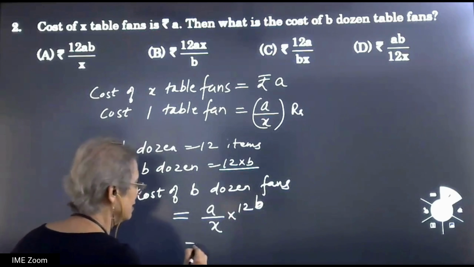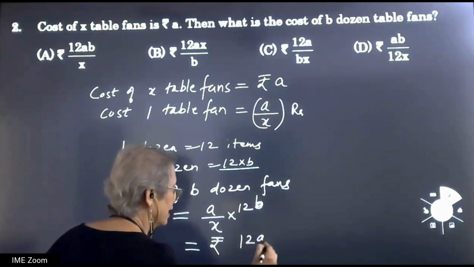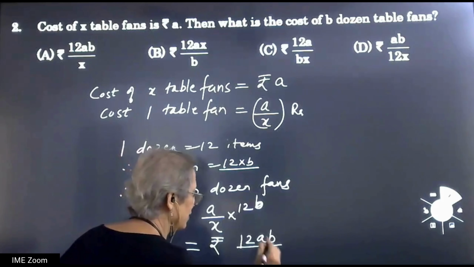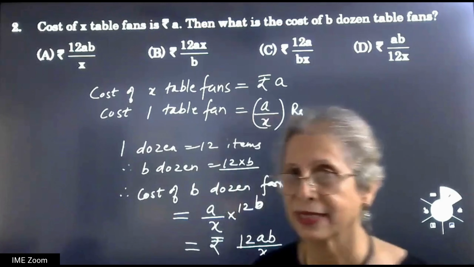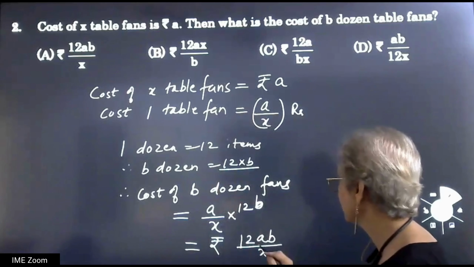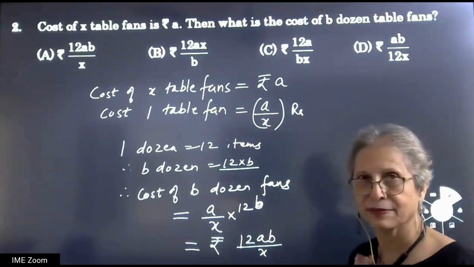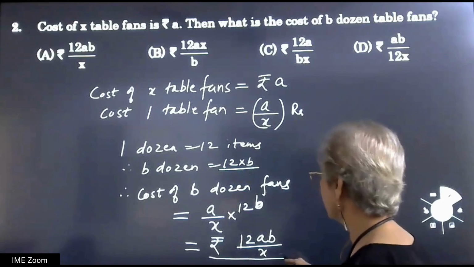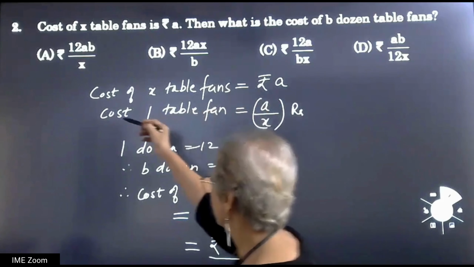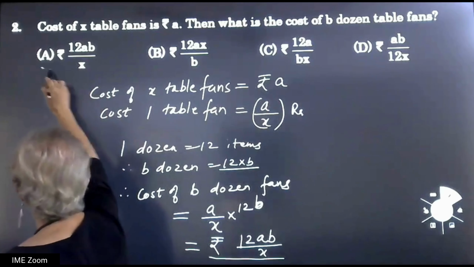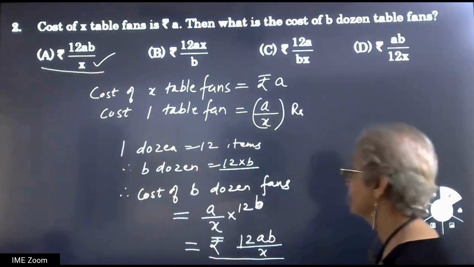And therefore, the answer is rupees 12AB upon X. Remember well, these are the alphabets and they are multiplied. When they are multiplied, this multiplication sign is not written in between. It is just written as 12AB upon X. Look there, here it is. So option A is the correct answer.